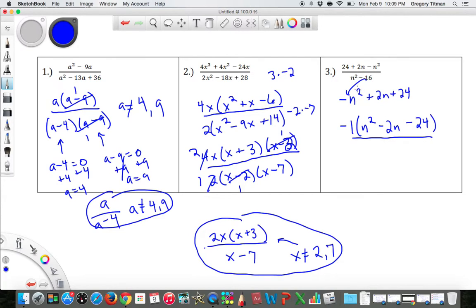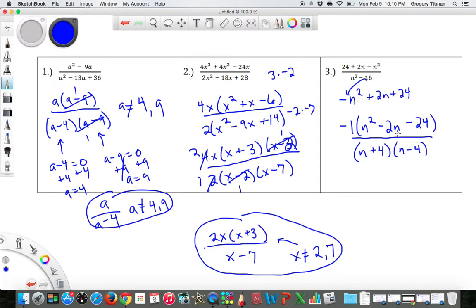I'm going to just factor it right away here. Our denominator is a difference of two squares, so n squared is a perfect square and 16 is a perfect square. So that's going to factor as (n plus 4) times (n minus 4). And again, just like we've said in these last two, it's likely that one of the factor pairs of this trinomial is going to be either n plus 4 or n minus 4.